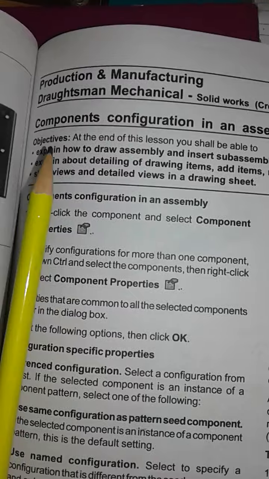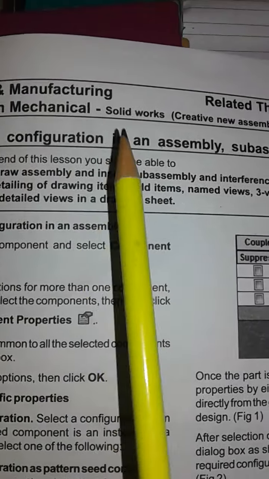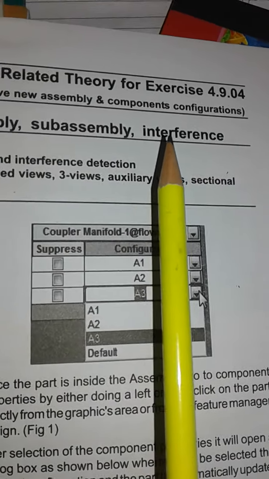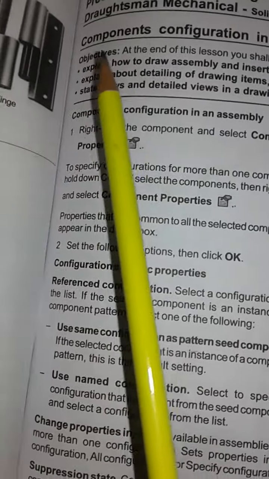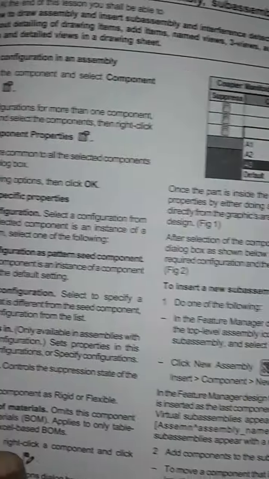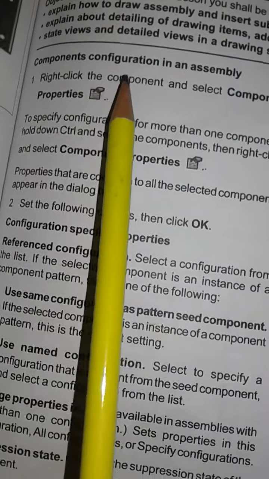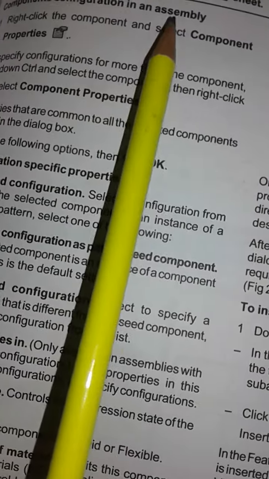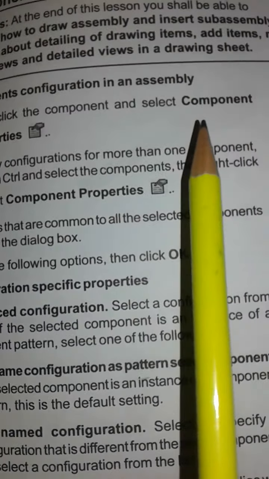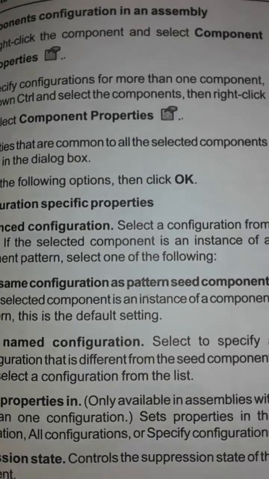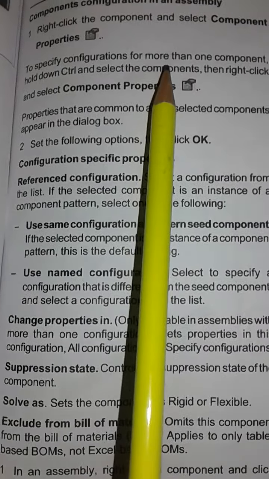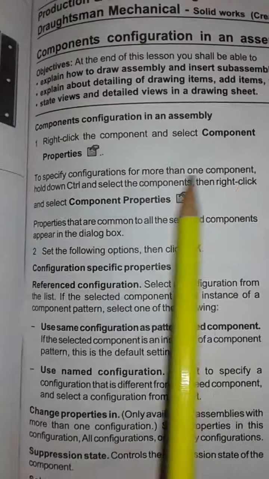Next chapter is the components configuration in an assembly, sub-assembly and interference. Components configuration in an assembly. Right click the component and select component properties to specify for more than one component.